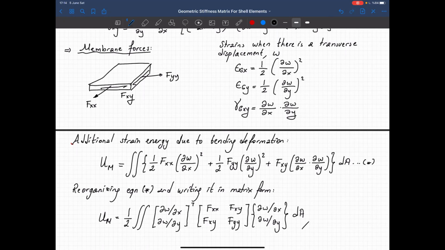And this is the additional strain energy due to bending deformation. Now let's do the finite element formulation.